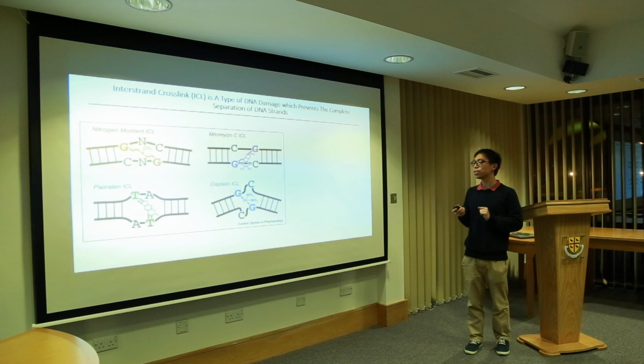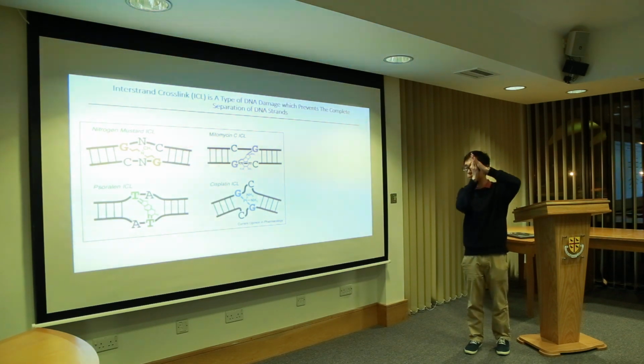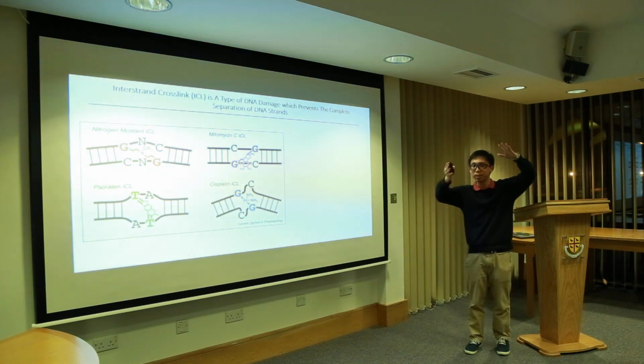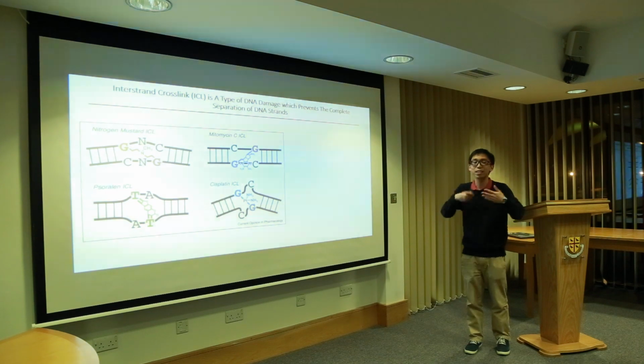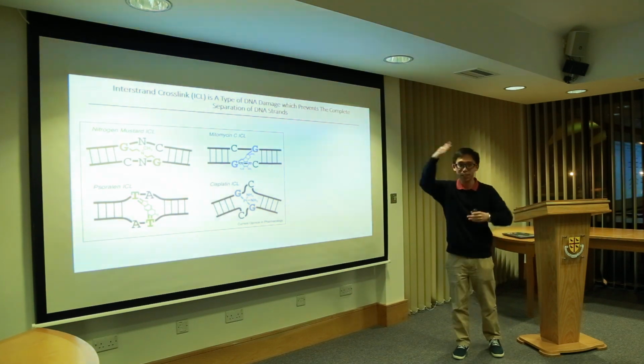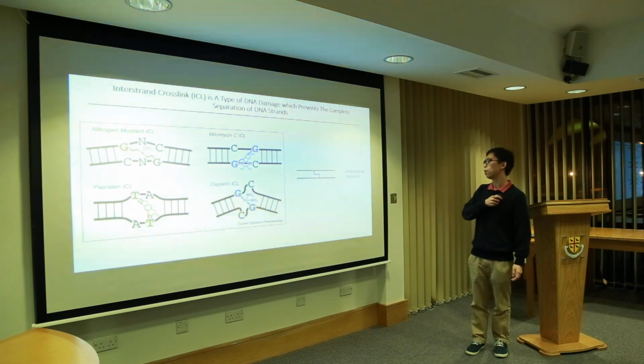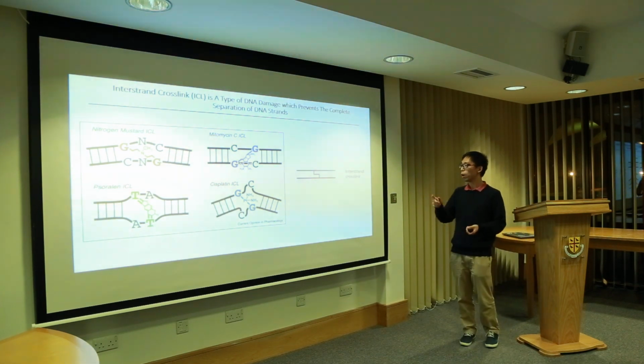So, I think I showed you before that actually the DNA needs to be separated and it needs to be copied, the information contained therein needs to be accessed, right? If they can't be separated, what happens? You have problems, a lot of problems actually.